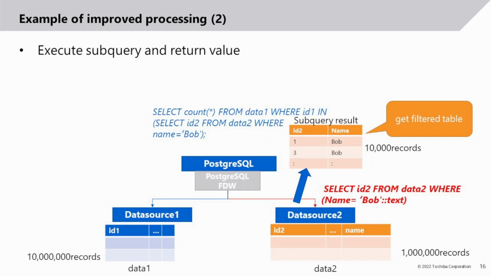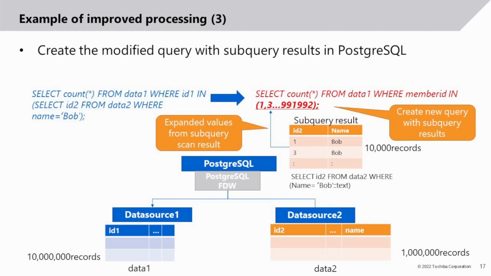Next step is, if it matches the current case, to execute a subquery and get the results. It's the subquery only. Next step is that the original query is rewritten. We rewrite the query tree. The rewrite includes rewriting the subquery of the IN clause to the result of the subquery just obtained.